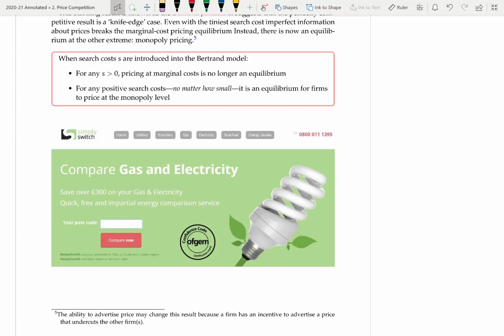So again, there's a place for government intervention. In the case of gas and electricity, they have websites that allow you to easily compare the prices of different gas and electricity suppliers. These comparison websites reduce the search costs and therefore might have some effect at reducing monopoly power.